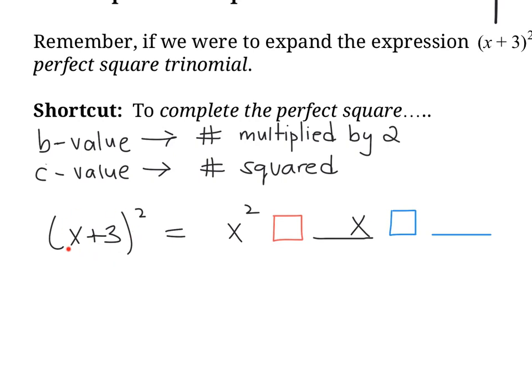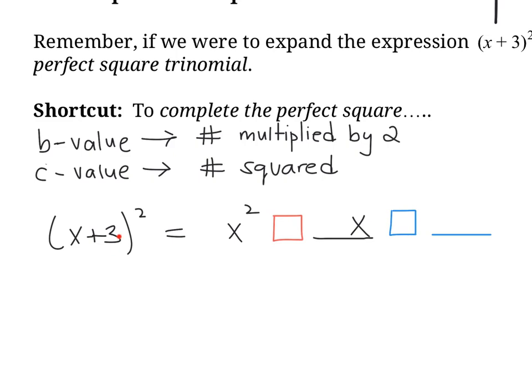So our expression that we started with was x plus 3 squared. So I want to take this and put it into standard form. The first value is always just going to be a simple x squared. We don't have to worry about the number in the front. Then to get the middle value, your b value, we need to take our number and multiply it by 2.